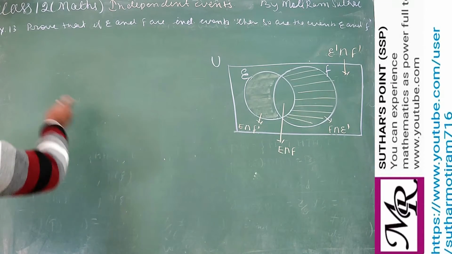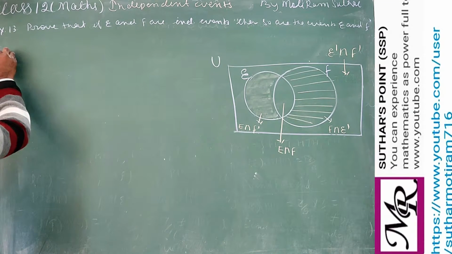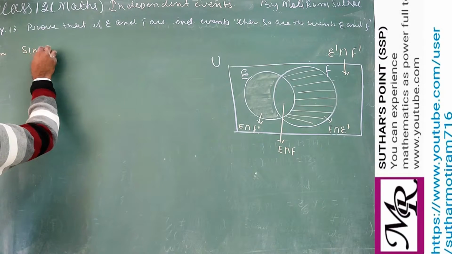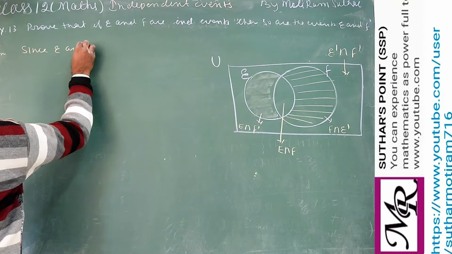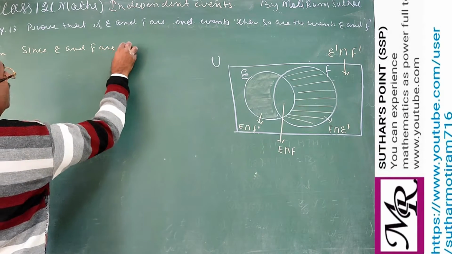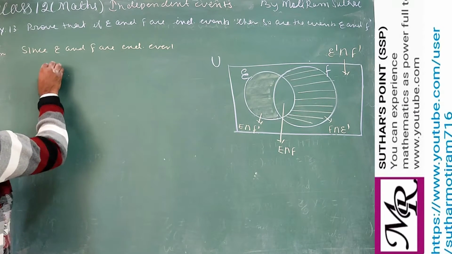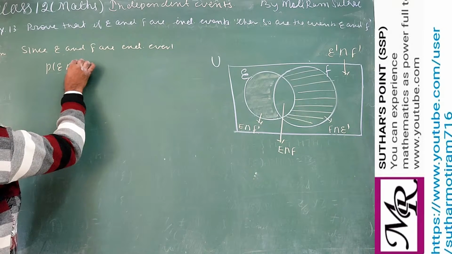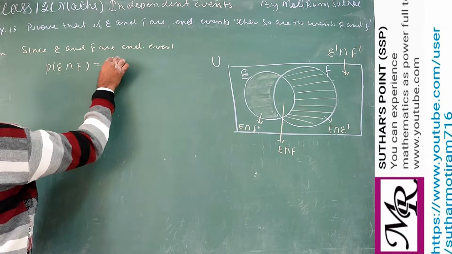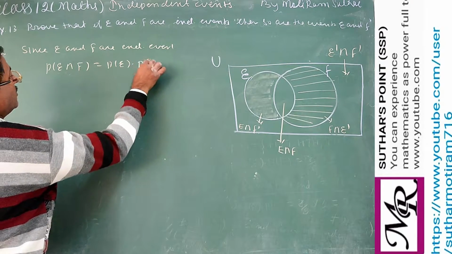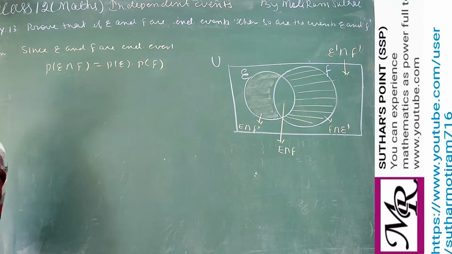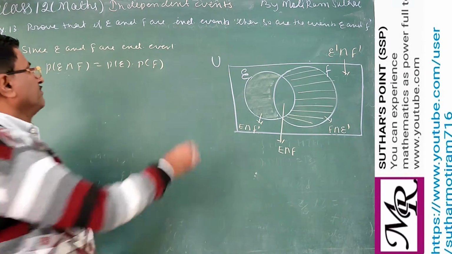Now here, in the question to prove, you write: since E and F are independent events, by formula P(E intersection F) is equal to P(E) into P(F). Clear? This is number one.